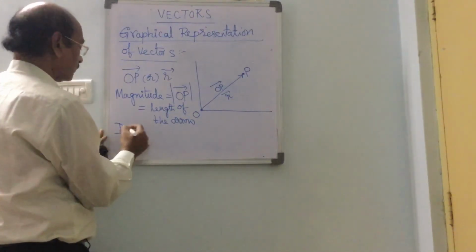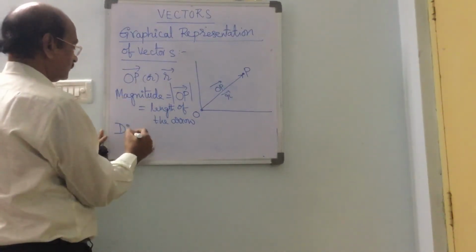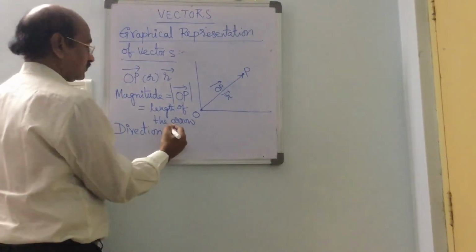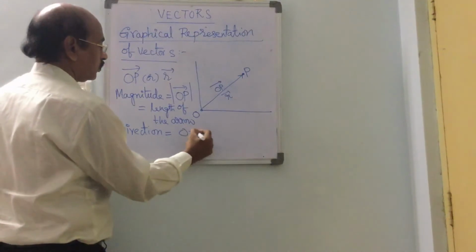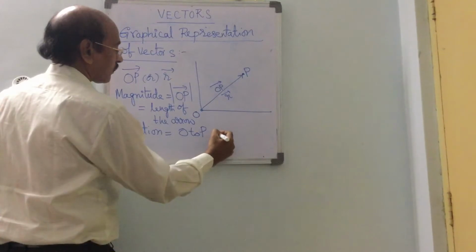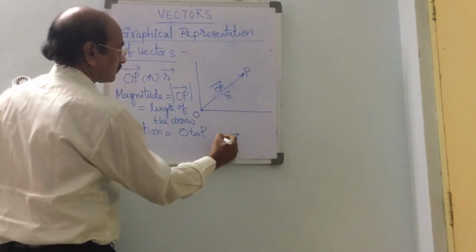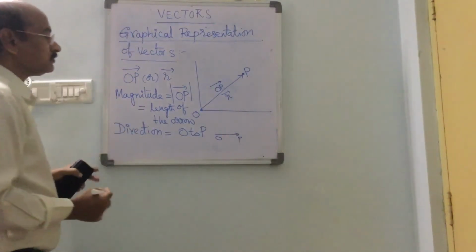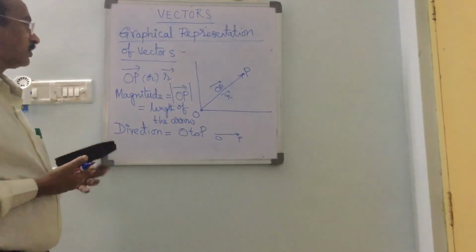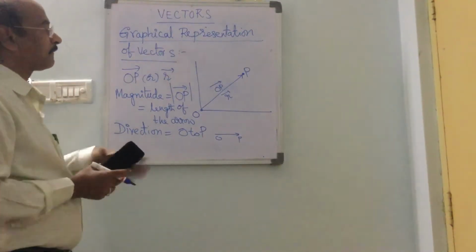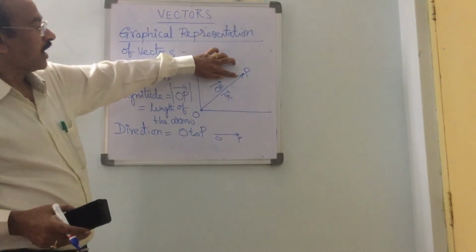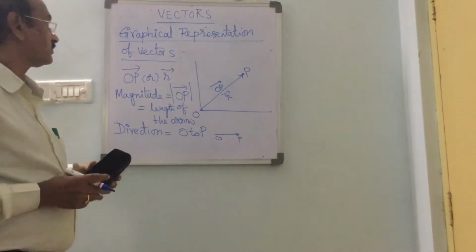Now direction is given by O to P direction. So direction is given by the arrow mark at the end of the arrow.